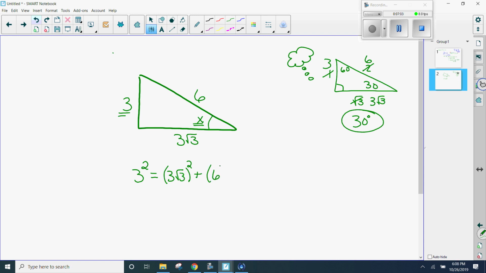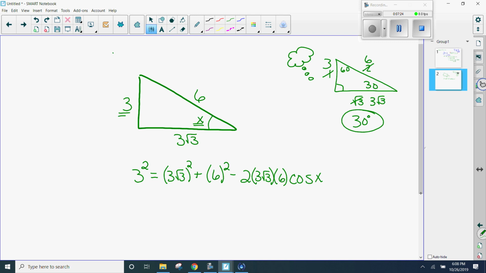So plus 6 squared minus 2 times 3 radical 3 times 6, those 2 side lengths, and then you're going to have the cosine of x. Since you're looking for an angle, you are going to have to use the inverse in order to solve.